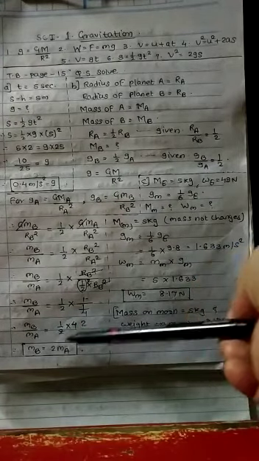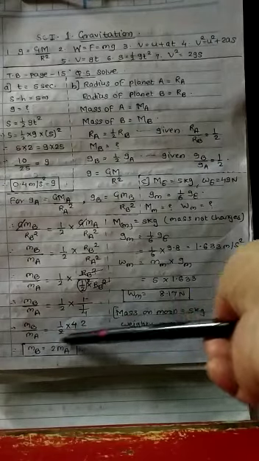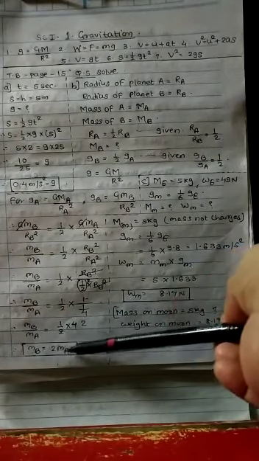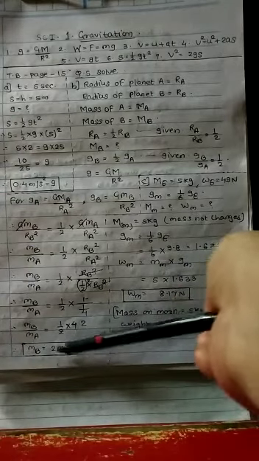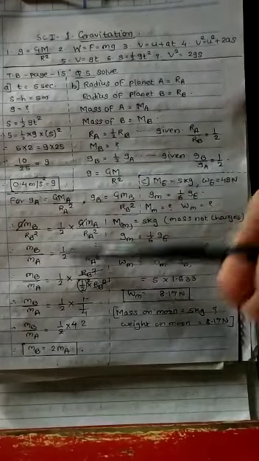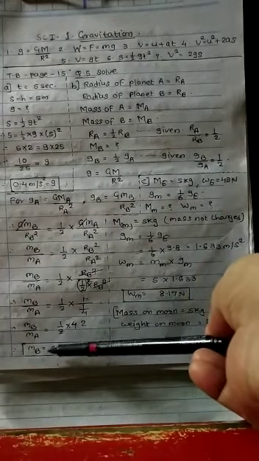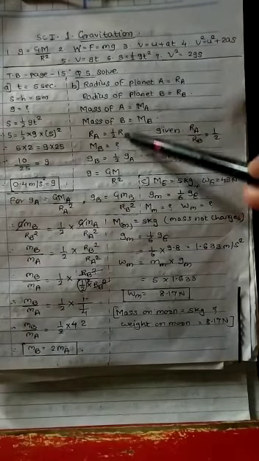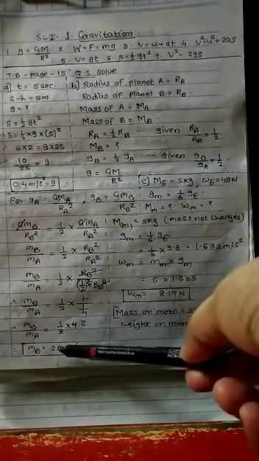Mb upon Ma is equal to 2. Then you cross multiply, and Mb is equal to 2Ma. So the value of Mb is 2Ma. Here you find out Mb, and the value of Mb is 2Ma. So this is the whole second sum.